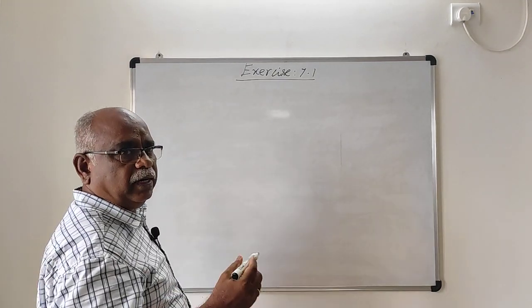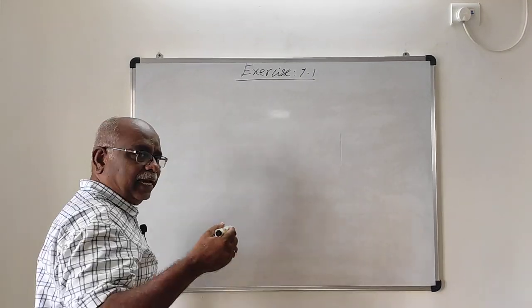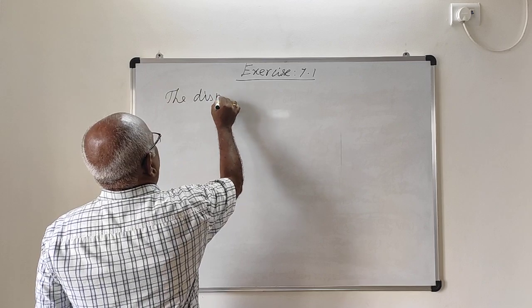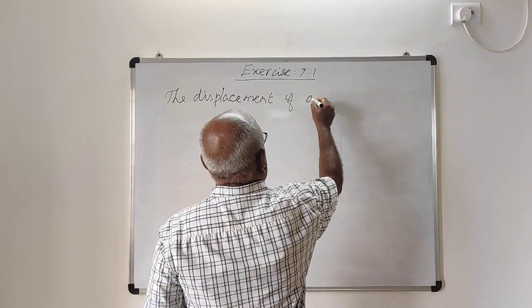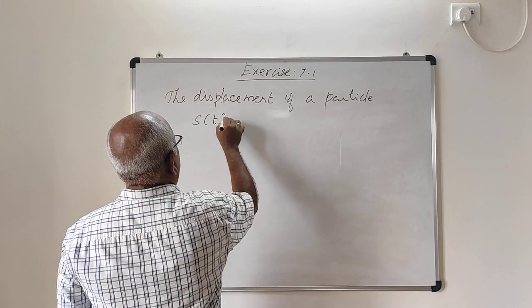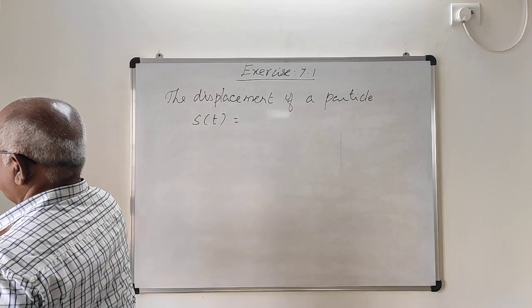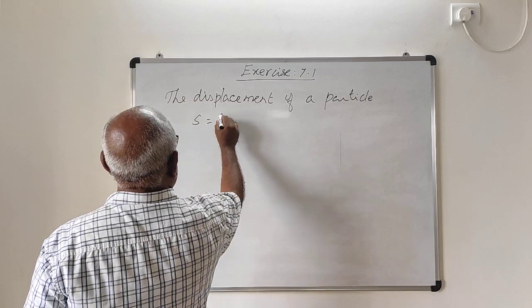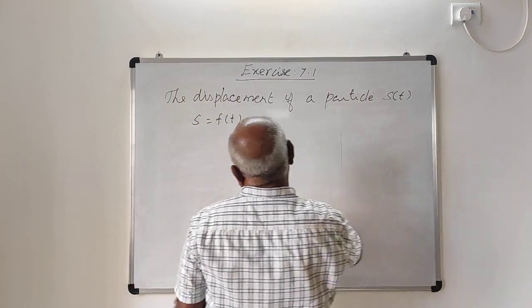The displacement of the particle at t seconds is given by s of t. S is a function of t.